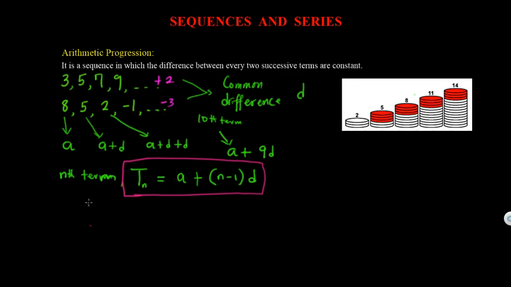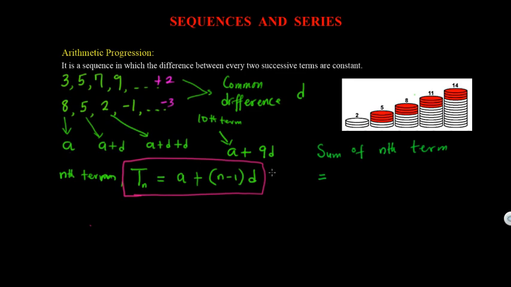However, if we are interested in finding the sum of any AP, let's say the sum of n terms of an AP, it is derived by adding the terms together. Let's say, for example, we have the sum of these 3 terms, it will involve adding all these together.